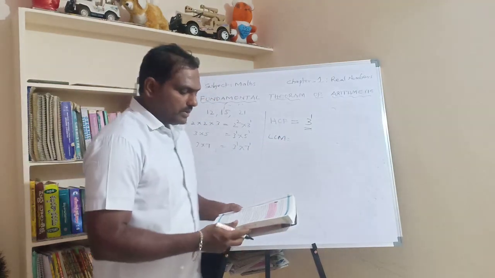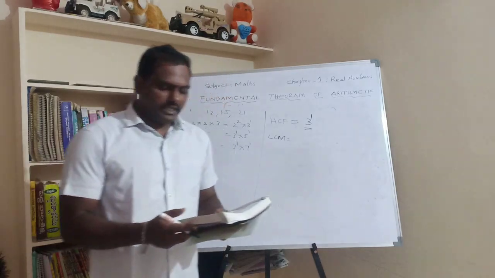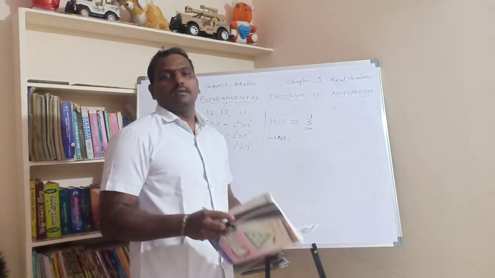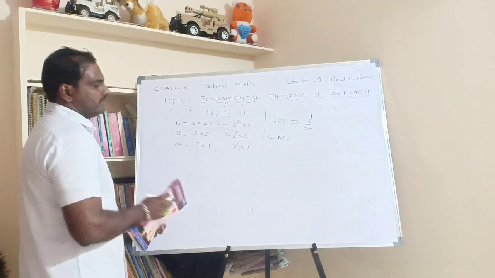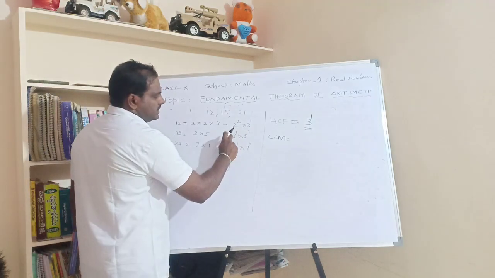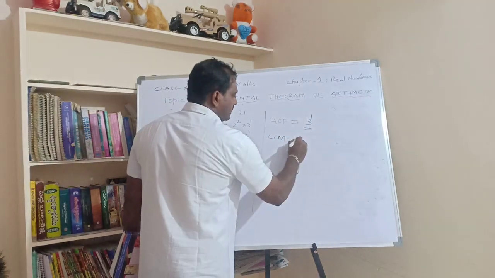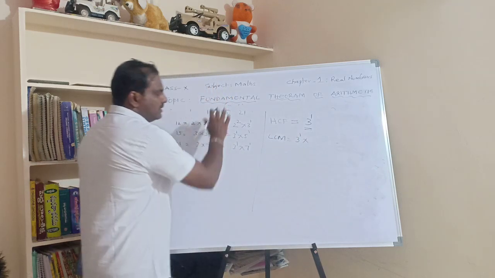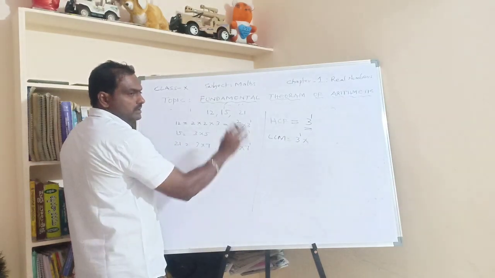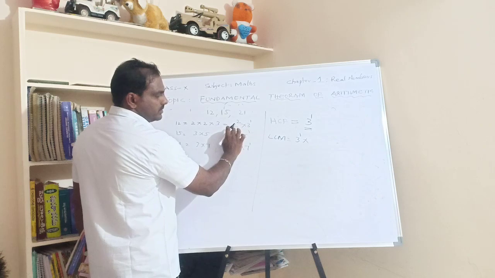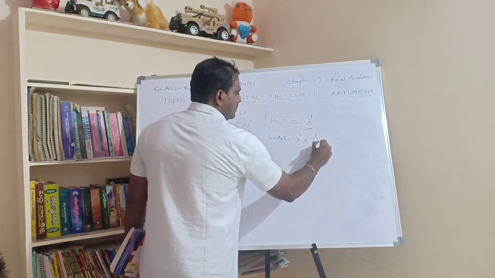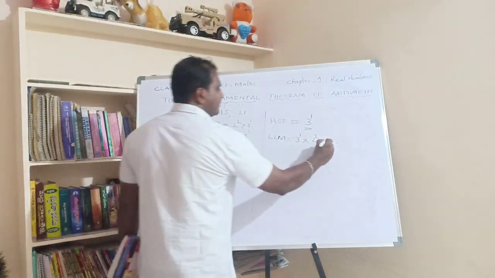LCM says product of the greatest power of each prime factor. Now look at this: 3, 3, 3. What is the highest power? Only 3 in the LCM, and the remaining we have to write with all greatest powers. 2 power 2 is there. Next 5 power 1.